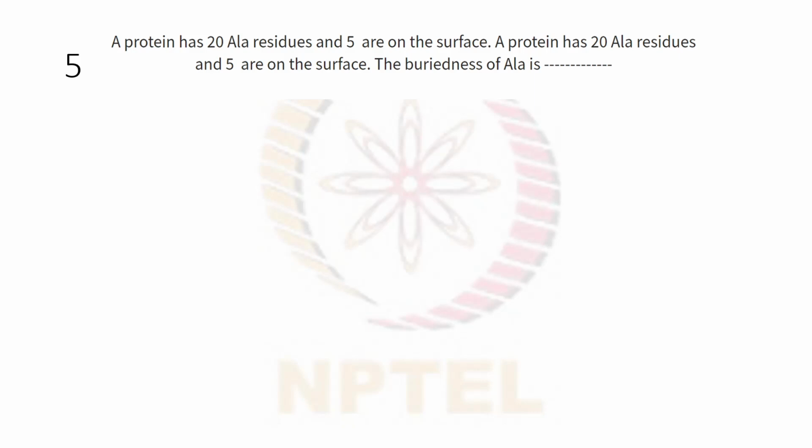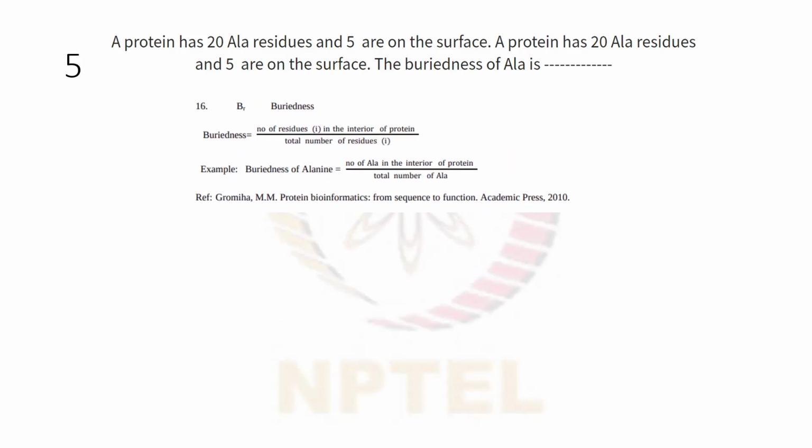Buriedness is a concept related to the interior of the protein. I got the answer 75. Here we have given the number of alanine residues in the protein and the number of alanines on the surface. So here is the formula.